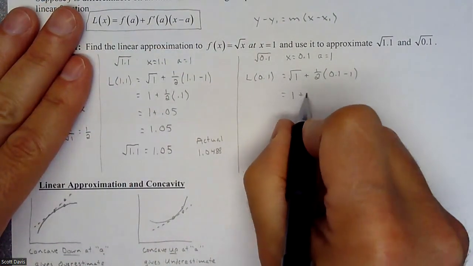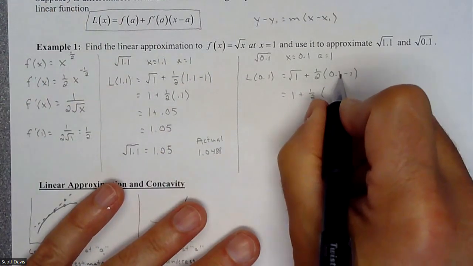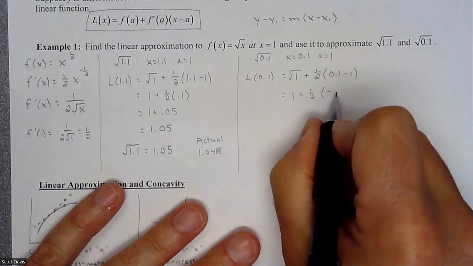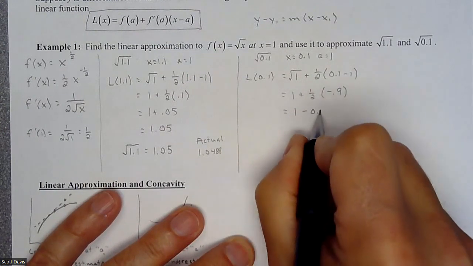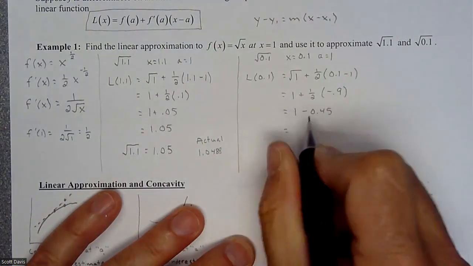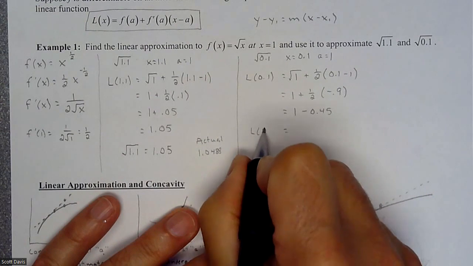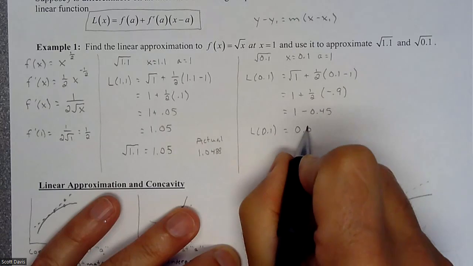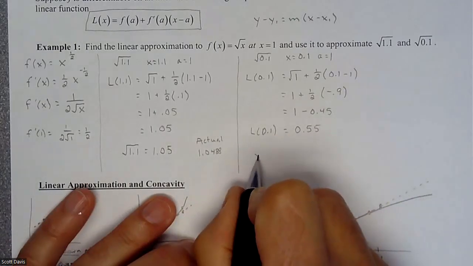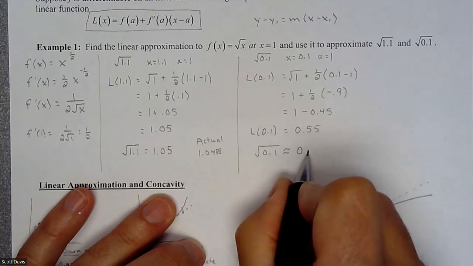We're getting a 1 plus 1/2 of 0.1 minus 1, which is going to give us a negative 0.9. And if we take half of that, we're getting a 1 minus 0.45. And if we do that math, we're getting our estimate at 0.55. So we're saying that the square root of 0.1 is about 0.55.